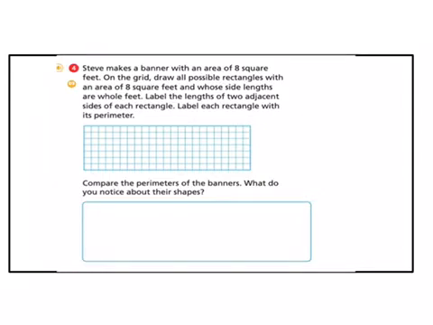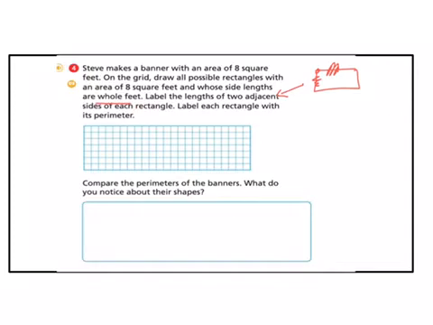So all they're saying here is no fractions and no decimal points. Label the lengths of 2 adjacent sides of each rectangle. And adjacent means if you have a rectangle, this side here is adjacent to that side here because they meet in the corner. Label each rectangle with its perimeter.